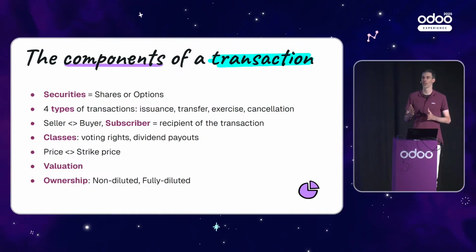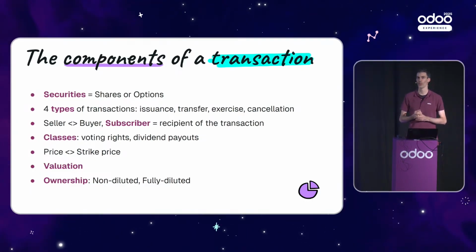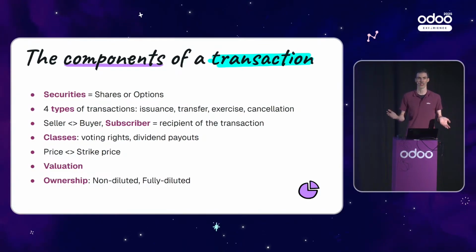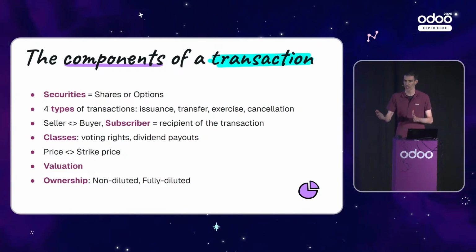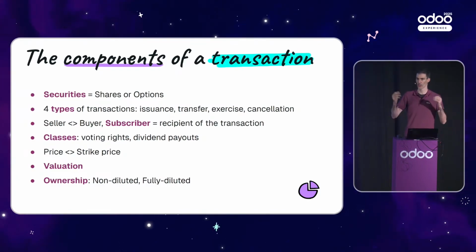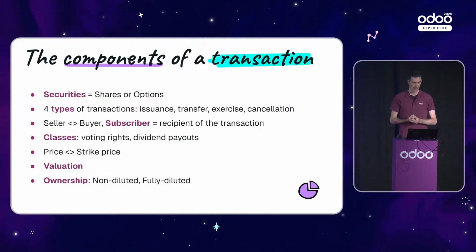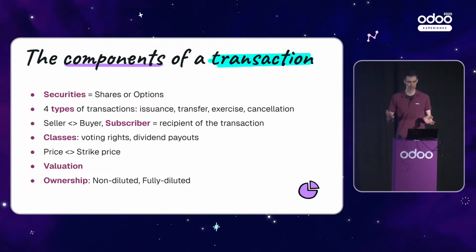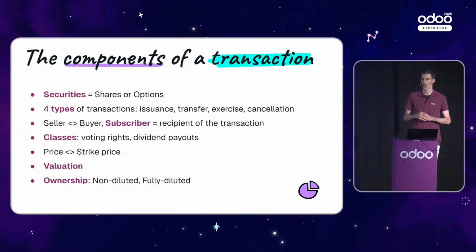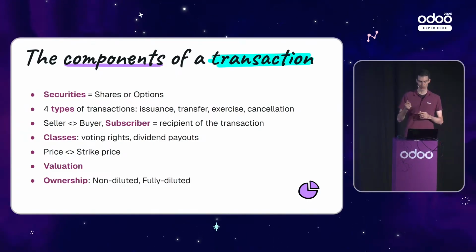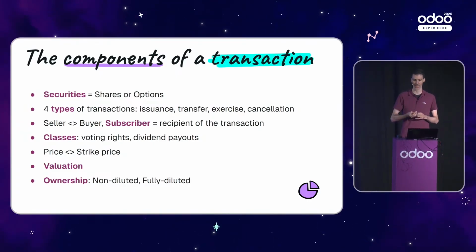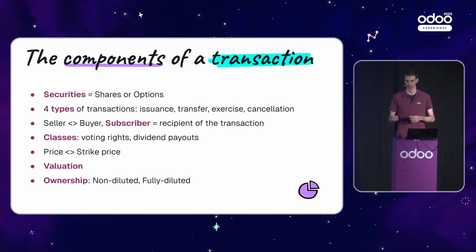Next concept is the valuation. And the valuation makes sense in the case of the valuation of a company. So we'll talk about valuation of company in Odoo Equity. And finally, the last concept has to do with the ownership. And the ownership can be expressed as non-diluted or fully diluted.